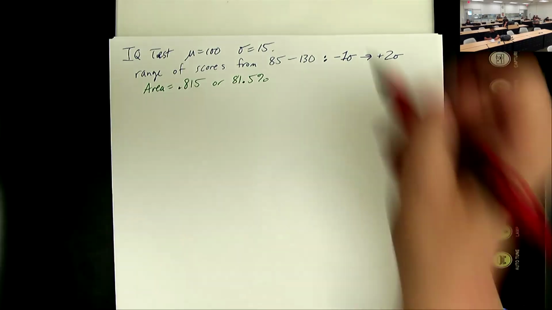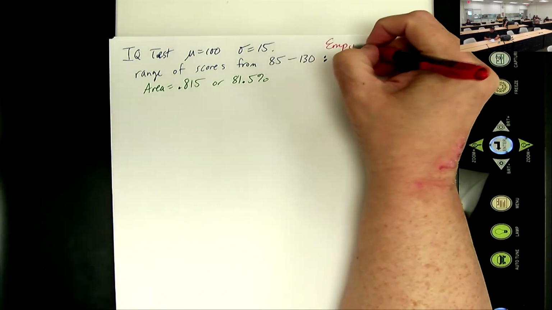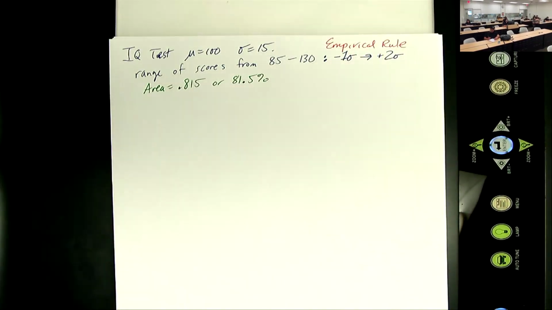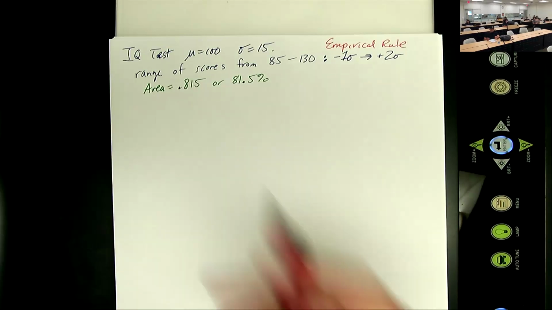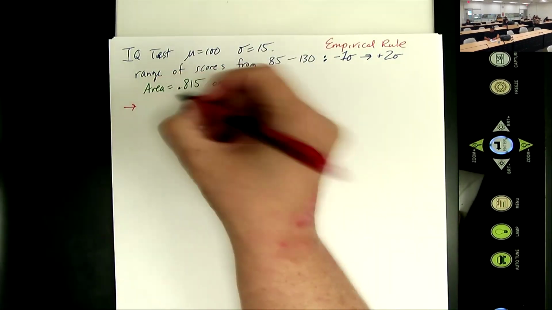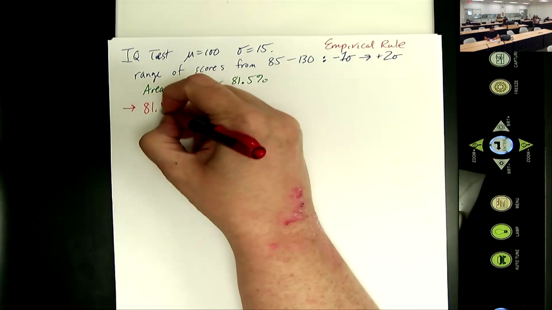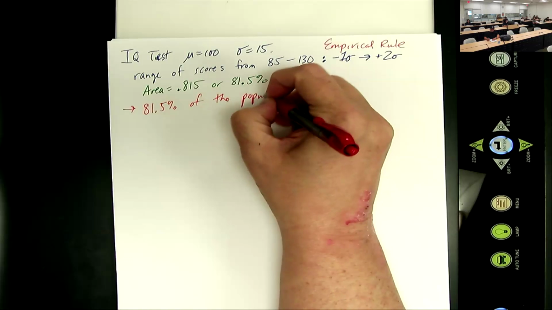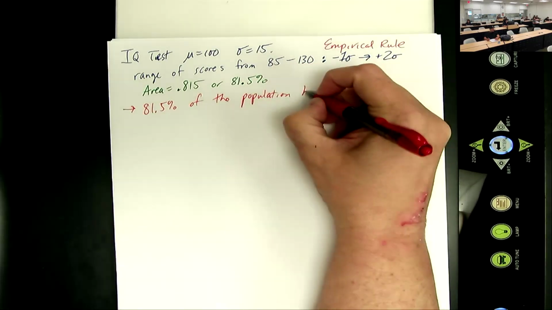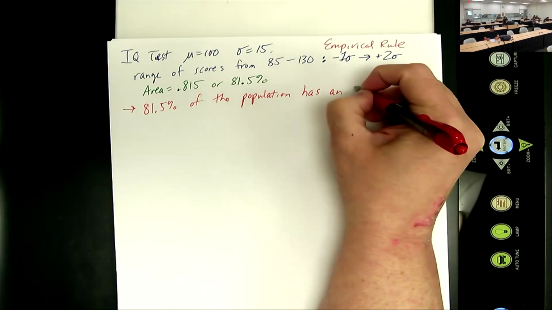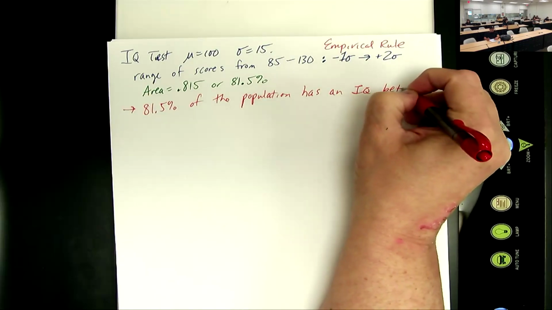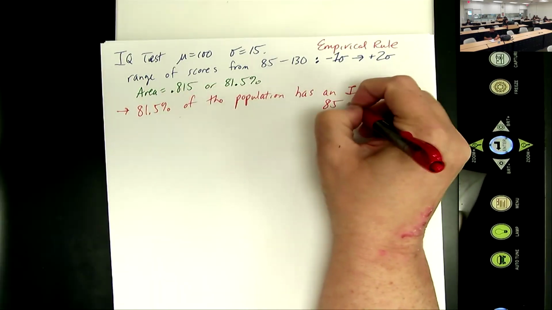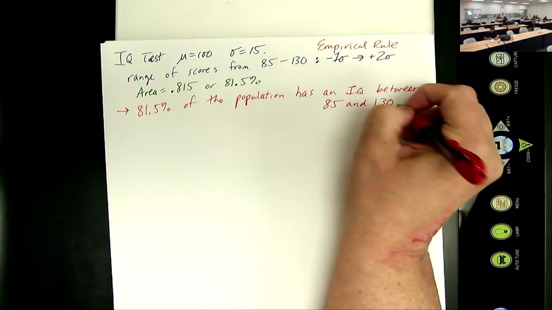And again, this is from the empirical rule, which we're moving away from. We'll look at it in a little bit more detail here. But to get the idea of where I was going with this, this says 81.5% of the population has an IQ score between 85 and 130. That's one interpretation.